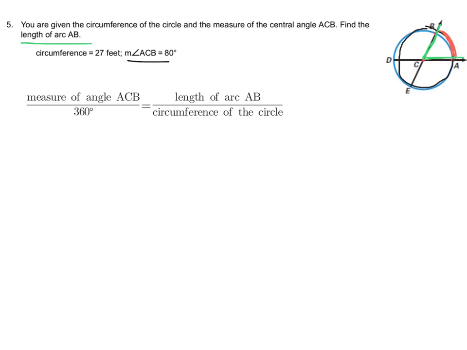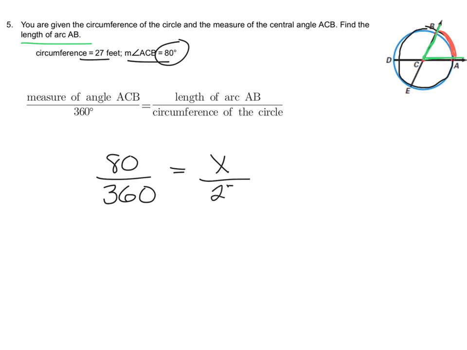So we're going to plug in the values that are given to us. The measure of angle ACB is 80 degrees, so this becomes 80 over 360 equals the length of arc AB. That's what we're trying to find, so I'm going to call this X. And that's over the circumference of the circle, which is 27 feet.